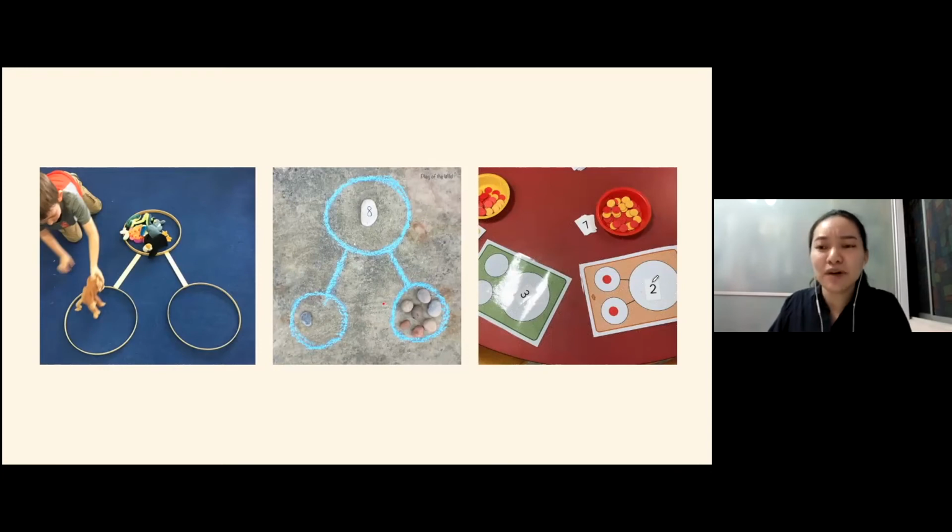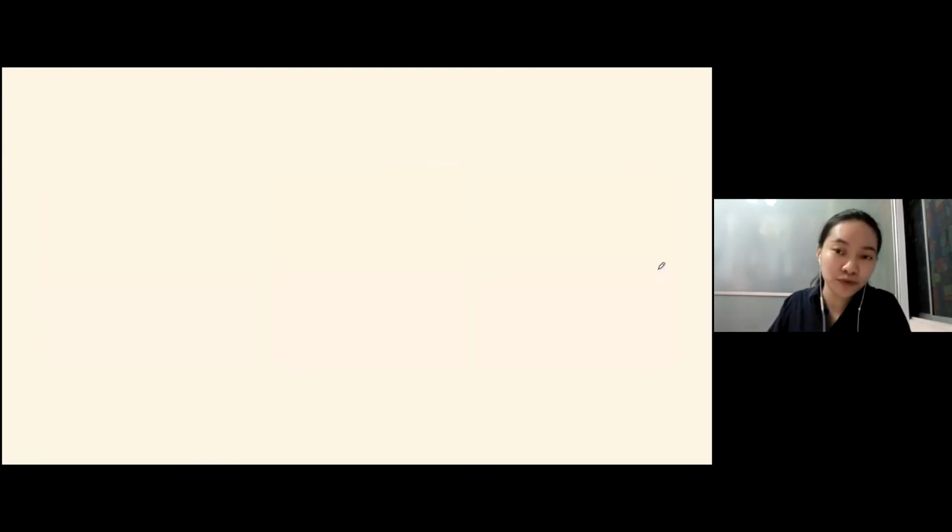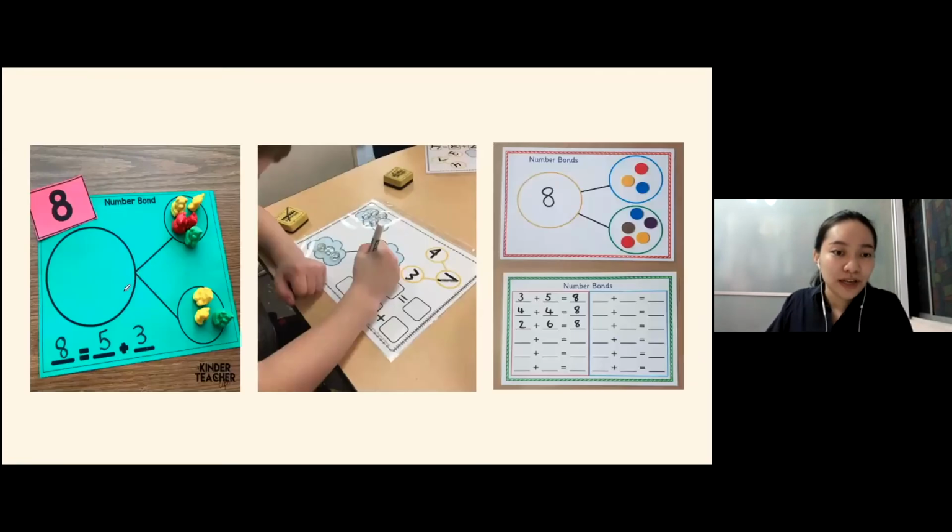So what are the possibilities of the dots that can make up 2? I pick number 8. I can have 5 and 3 makes 8. I can also have 4 and 4 makes 8. So let the kid explore themselves and play around with the numbers. So 7 can be 4 and 3.